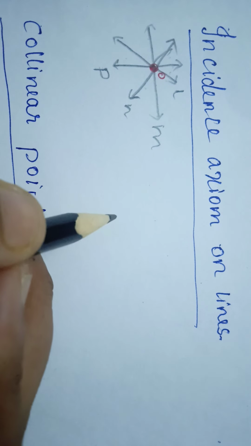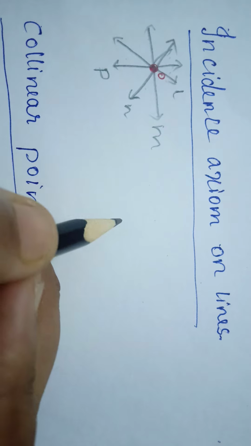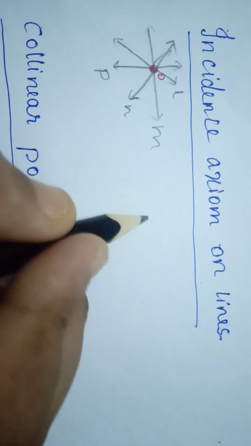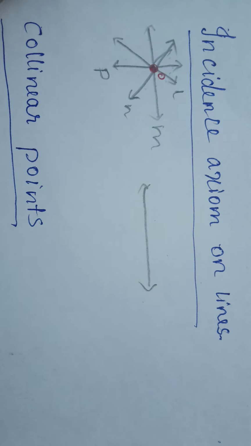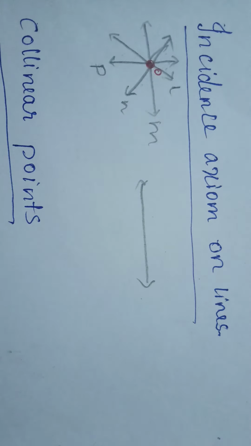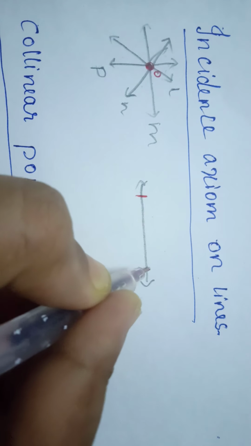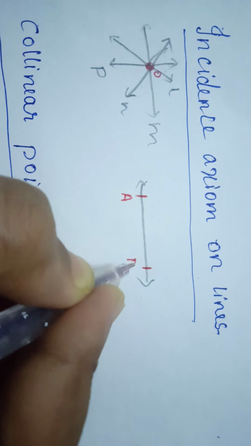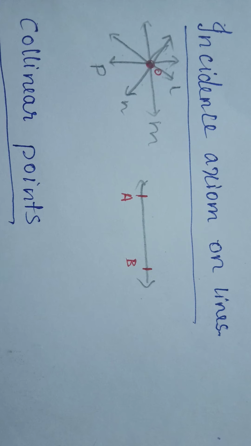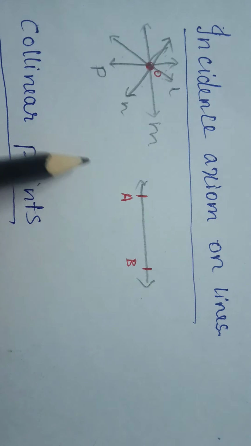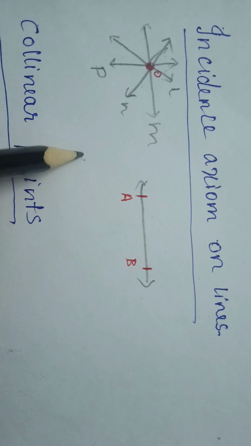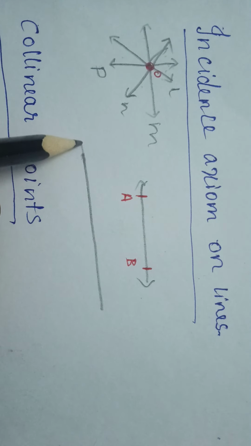And the other one is, two distinct points in a plane determine a unique line. That means this is a line, and two points determine that line, here one point and here one point, this is A and this is B. And the third type is, infinitely many points lie on a line. See, this is a line.